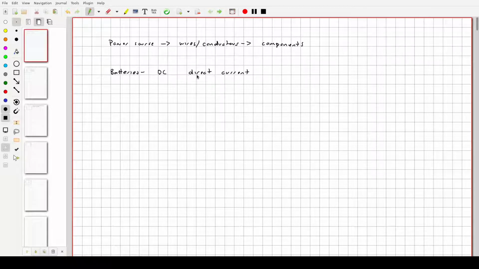We are not going to define this yet. We will actually be defining this in the next chapter too. So the important thing is that the voltage that they supply is constant. It doesn't change.